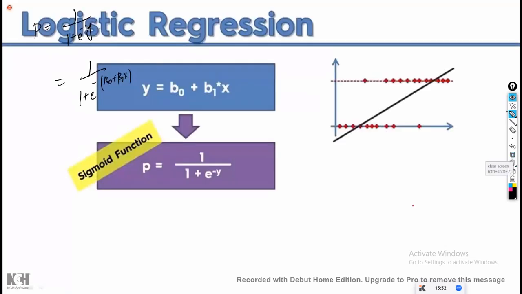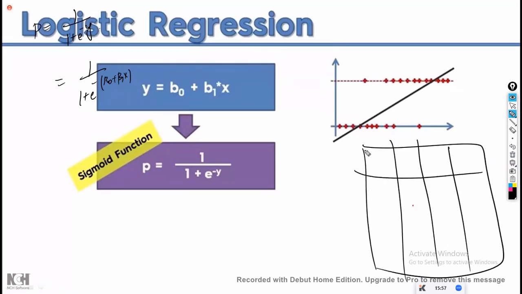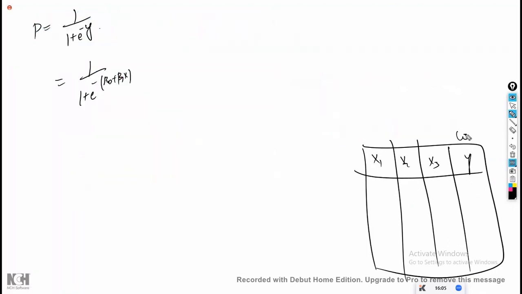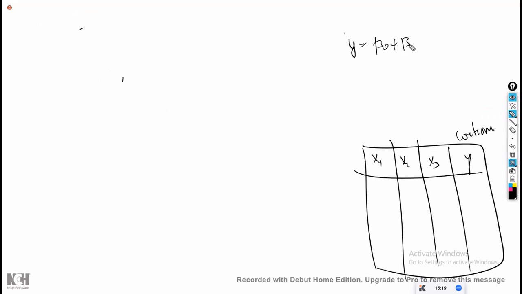For example, let us take a data set like this. You have x1, x2, x3 and the y variable. If the y variable is continuous, we are going to apply y is equal to beta naught plus beta 1 x1 plus beta 2 x2 plus beta 3 x3.